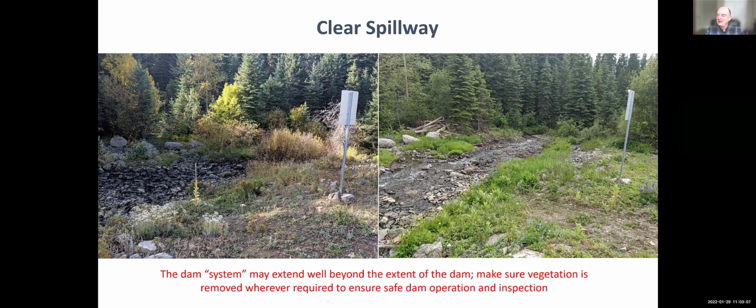You want to make sure it has full capacity so that your dam doesn't get overtopped. And so this is basically showing that sometimes you need to start to do vegetation management at quite some distance beyond the embankment part of your dam, because your spillway structure could go downstream some distance, as it does in this photograph.